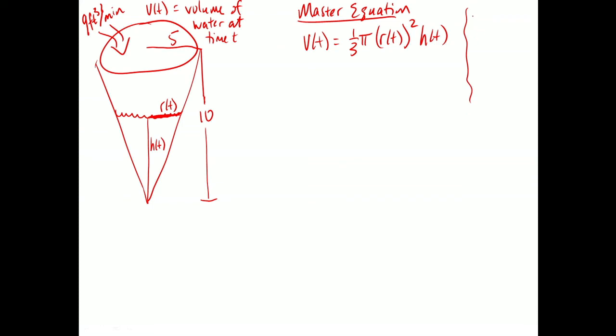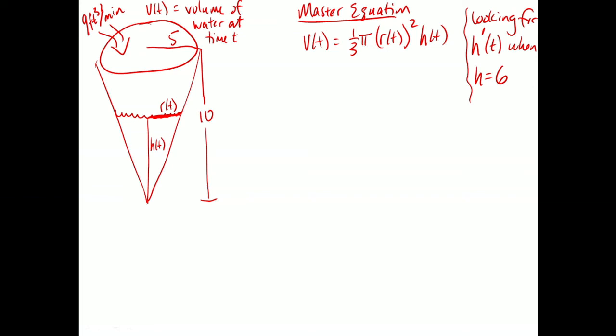So I'm looking for the rate at which the height, or the water level, is changing when the height is 6. So this is a slightly different way of asking the question.